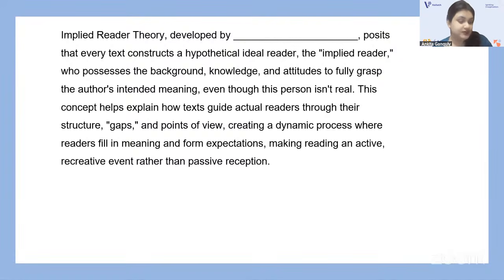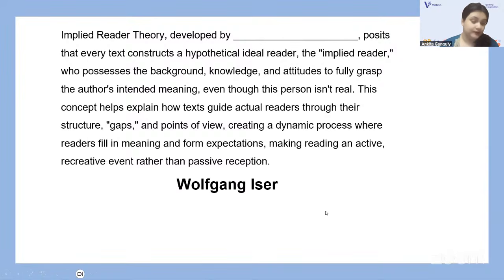So, implied reader theory is a major theory from reader response criticism, right? Who developed this theory? Yes, it was developed by Wolfgang Iser. Who are the other major reader response critics?